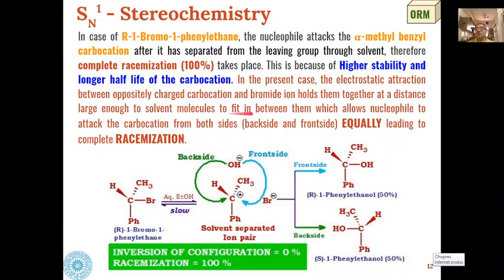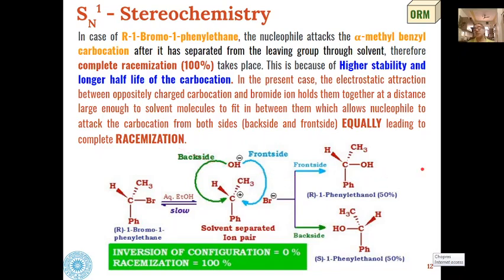And the solvent molecules fit in between, but this allows nucleophile to attack the carbocation from both the sides equally. And because they can attack equally either from front side or from back side, that is why there is a complete racemization in the product formation.